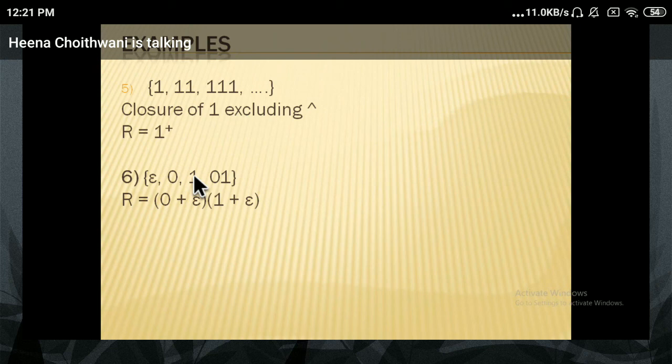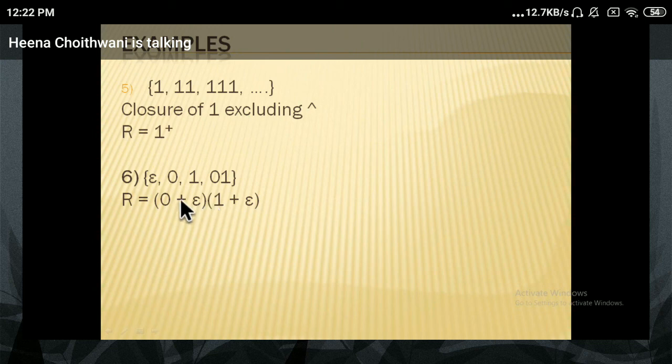Are you getting how to convert a language into a regular expression? So this regular expression is going to generate only four terms for you, which are nothing but the terms mentioned in the language set. I repeat, we'll take the first element of the first set, 0 plus epsilon, and multiply it, that is, concatenate it, with both the elements of the second set.